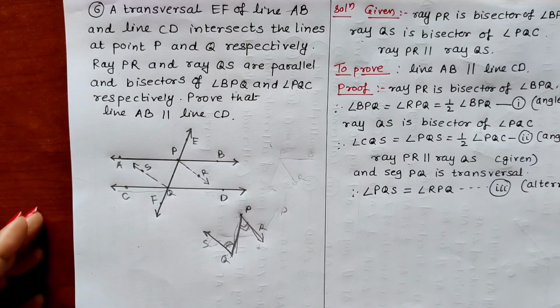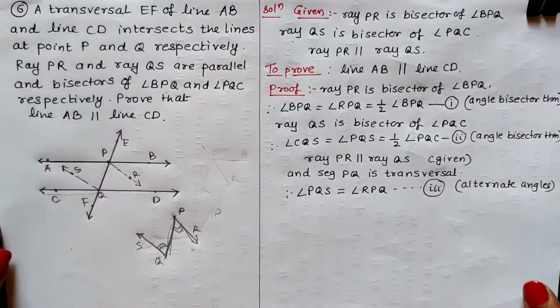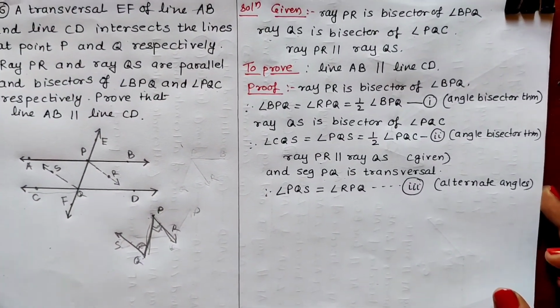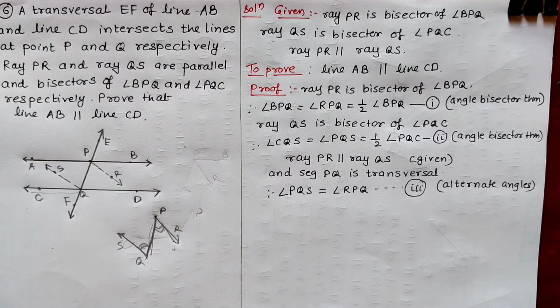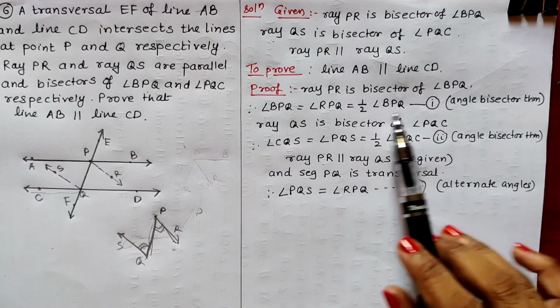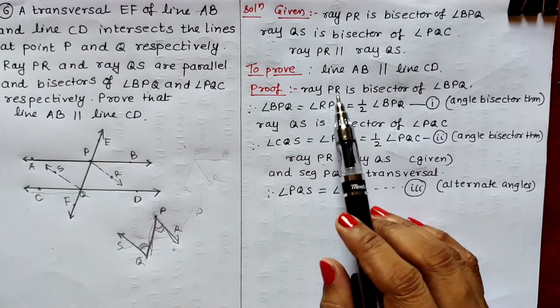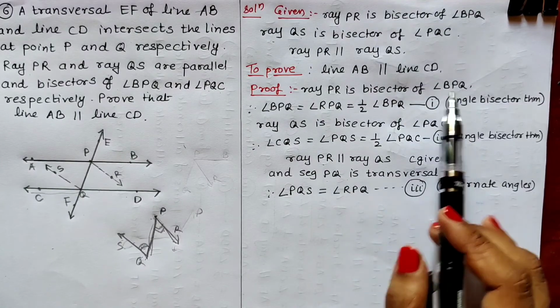Now observe this. I hope you all will be able to see it properly now. Here I have written the reason for the first statement. First we have to write ray PR is bisector of angle BPQ.